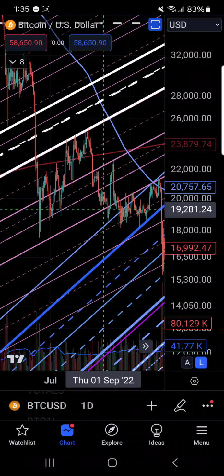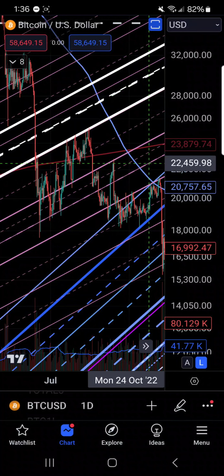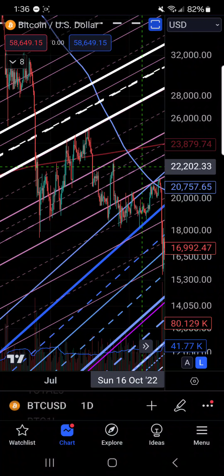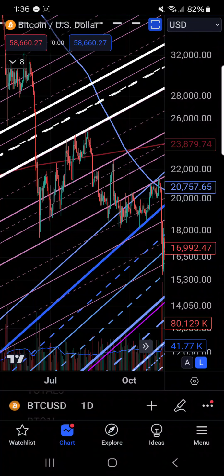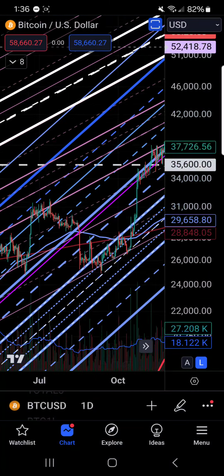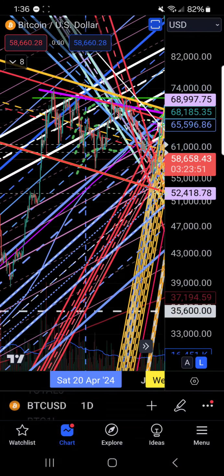I've also broken this into a sub-channel because if we move to the right, we are trading in the intersection of those pink and blue channels over here.